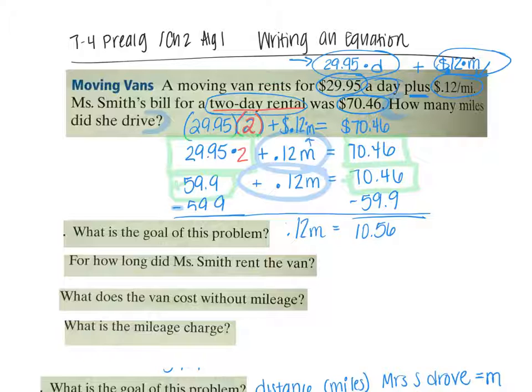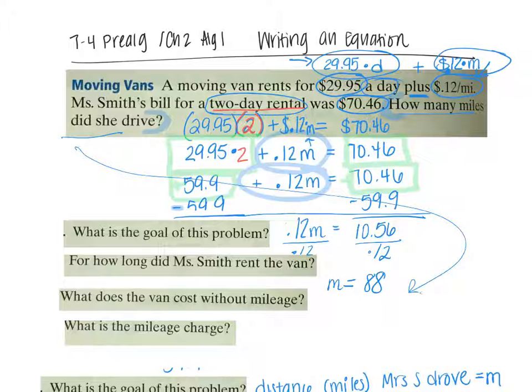Notice that this is multiplication, 0.12 times M. So to undo this, I have to divide by 0.12. This is a 0.12. And over here, I have to divide by 0.12. So I have M is equal to 88. All right. You have now said how many miles did she drive? Well, she drove 88 miles.